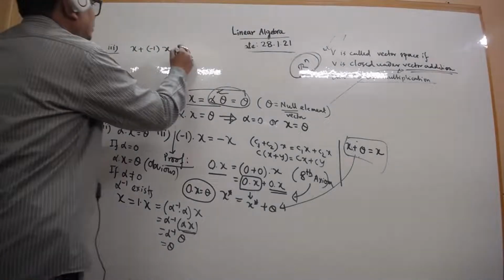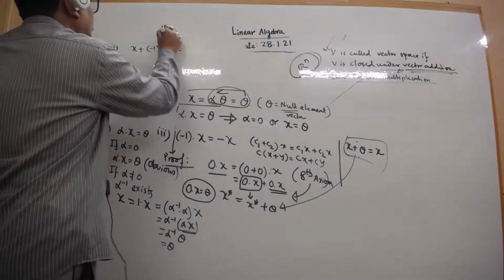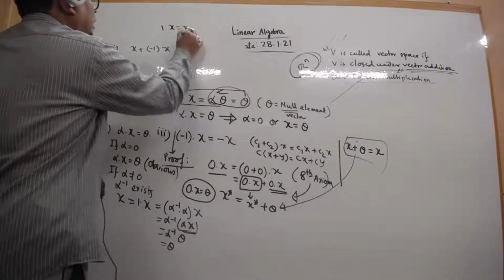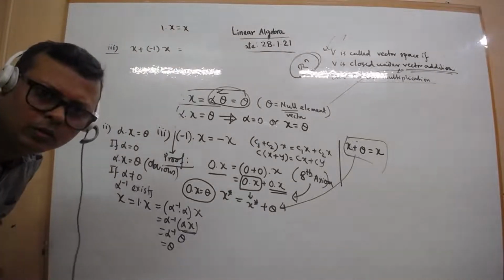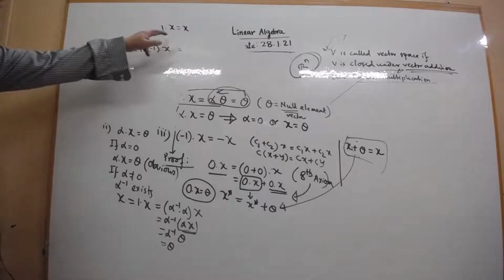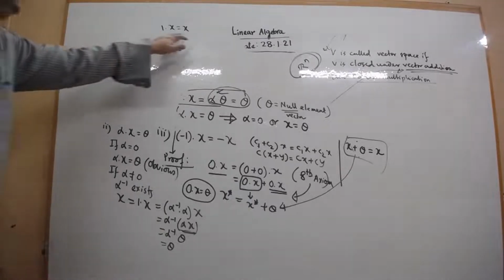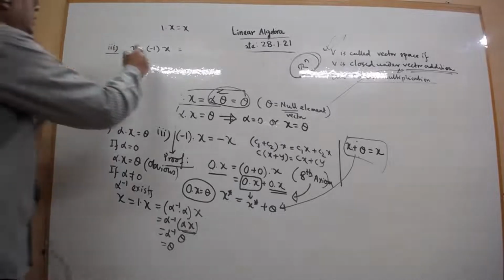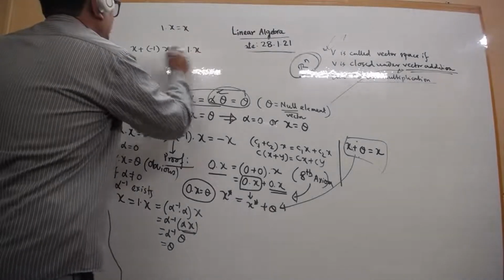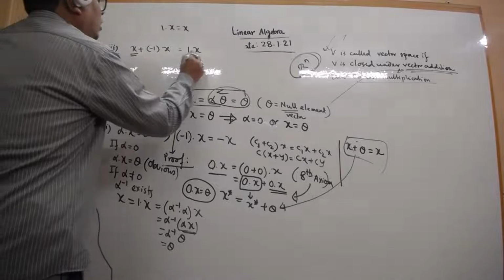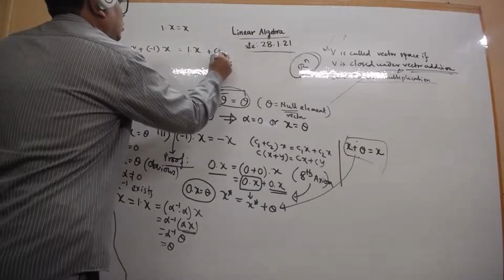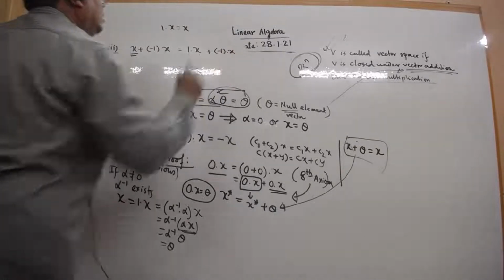So we know 1x equal to x. This is the, I think it is axiom number 6th or 5th, I forgot, is mentioned. So I write x is equal to 1 into x minus 1x.